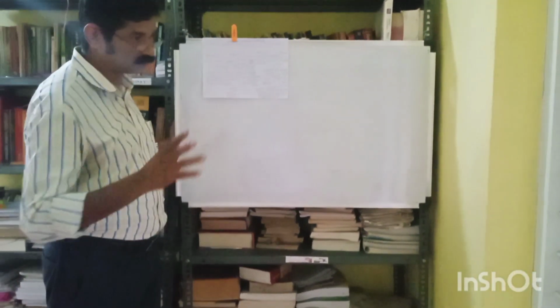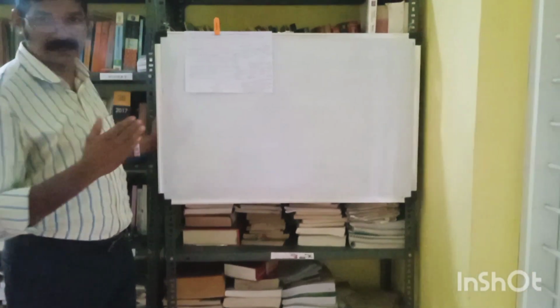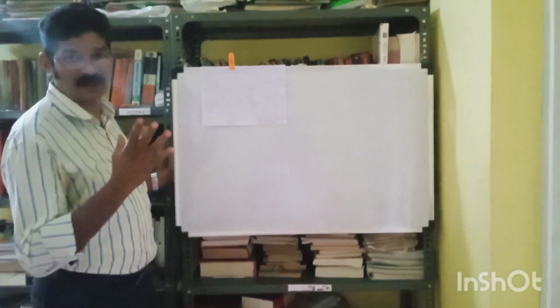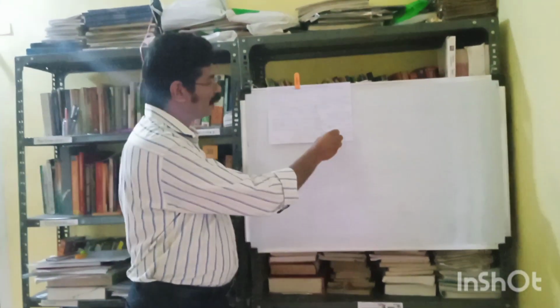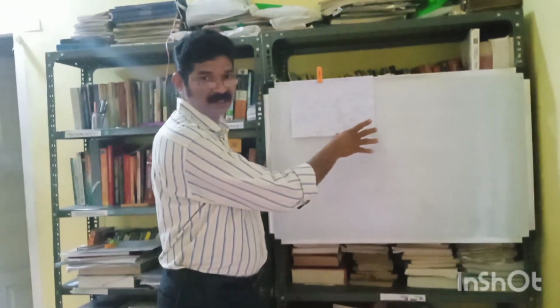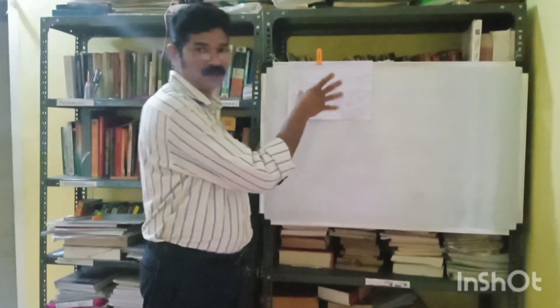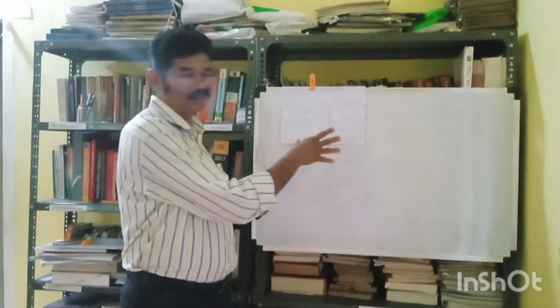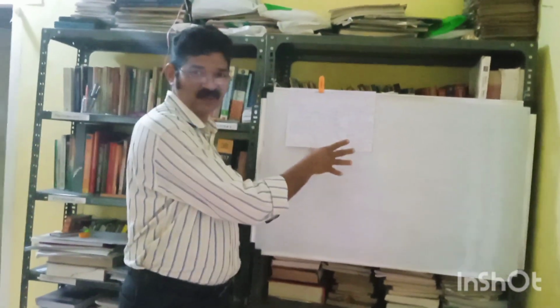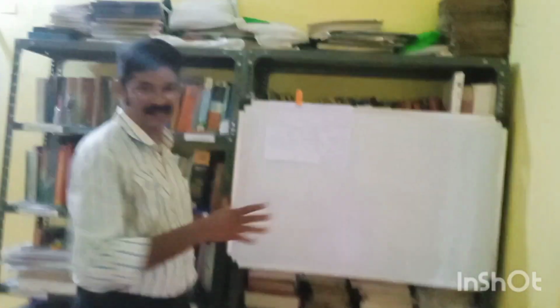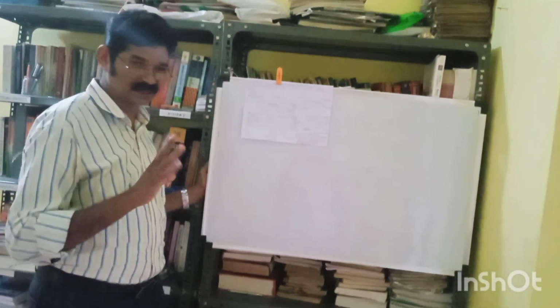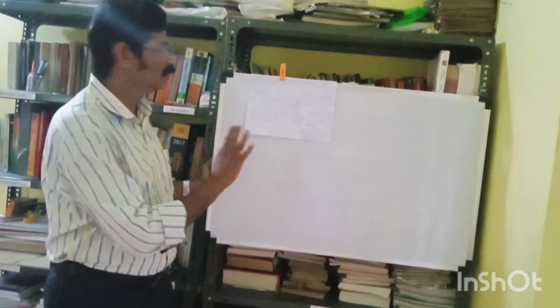So it is a kind of fill in the blanks. So there is some kind of subjectivity, and also there are some loopholes. So a research scholar is trying to do some kind of adjustment here.